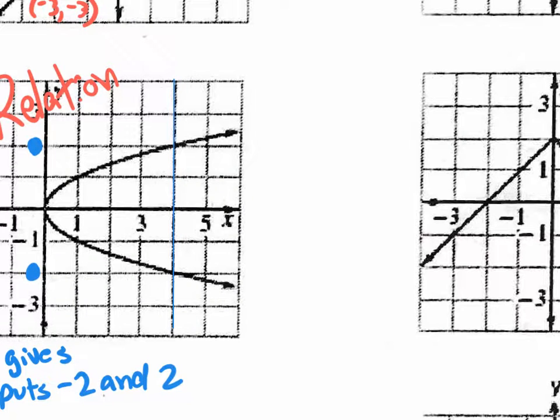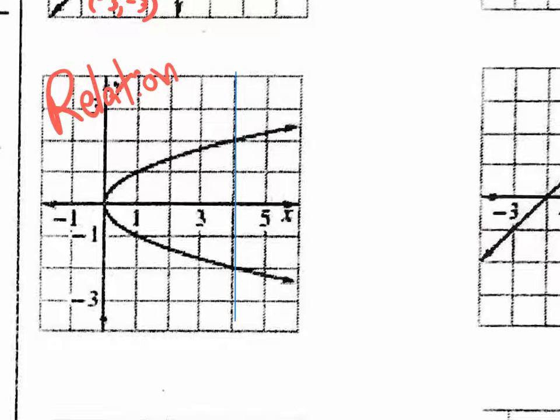So that's a relation. So let's clarify this even further. The blue line, your pencil, it's really just telling you inputs and outputs. What input is the blue line at right there? Remember, inputs are x values. What x value is the blue line at? It's at 1, right? And what output do I get?